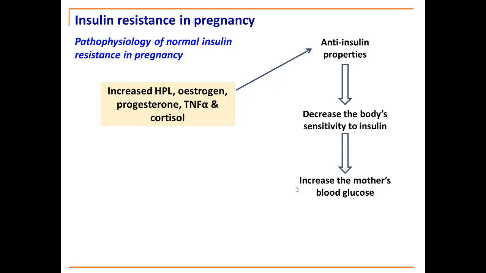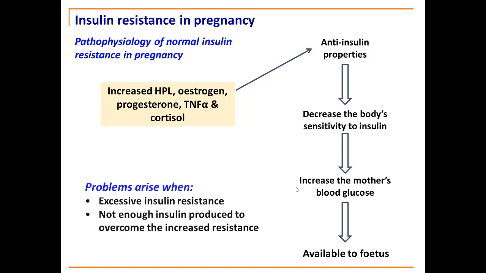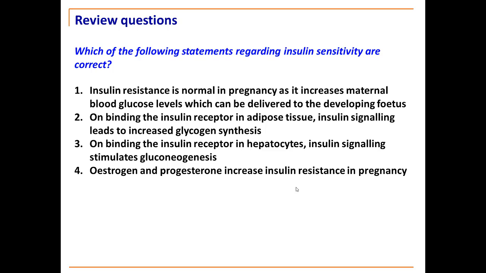They increase the mother's blood glucose, and this is available to the fetus. So this is exactly as we would expect. This is normal. But the problems arise when there is excessive insulin resistance, or there's not enough insulin produced to overcome the increased resistance.